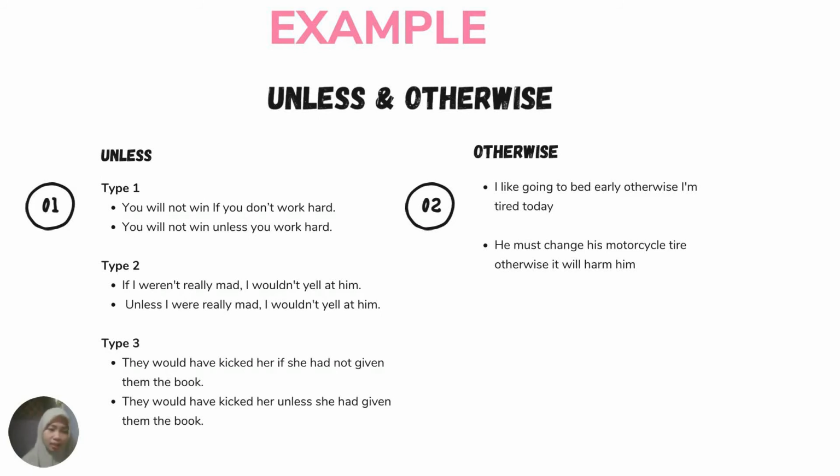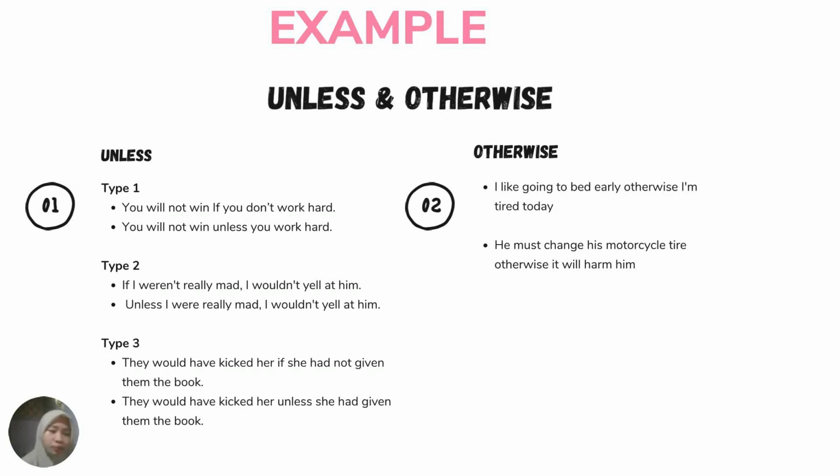And when we change it and put unless in the sentence, it becomes: you will not win, we remove if and it becomes unless, you work hard. So notice that we don't use the word don't anymore, because we have to remember that unless already contains a negative meaning, so you shouldn't put not after unless. It becomes: you will not win unless you work hard.